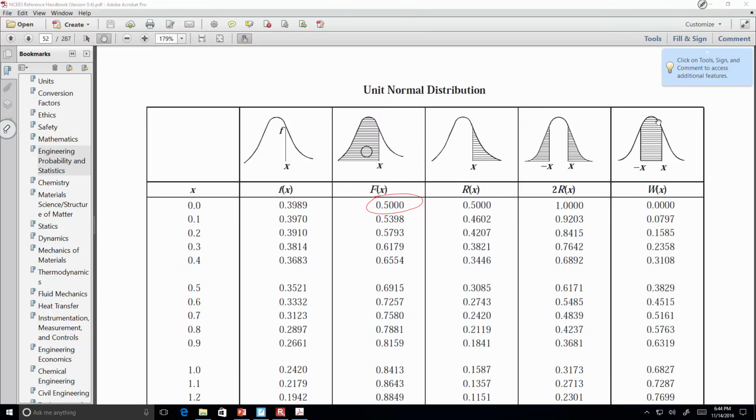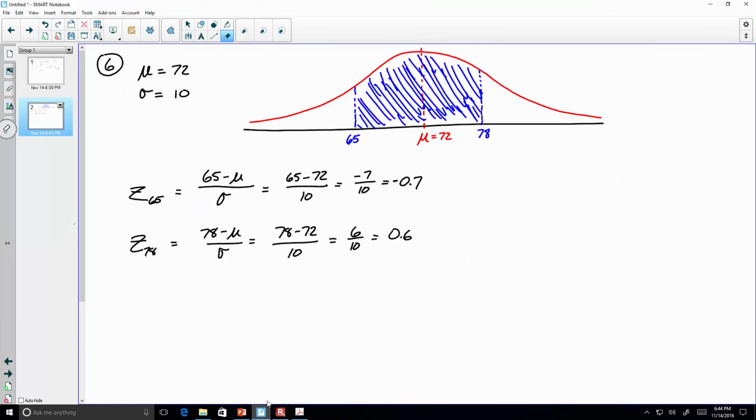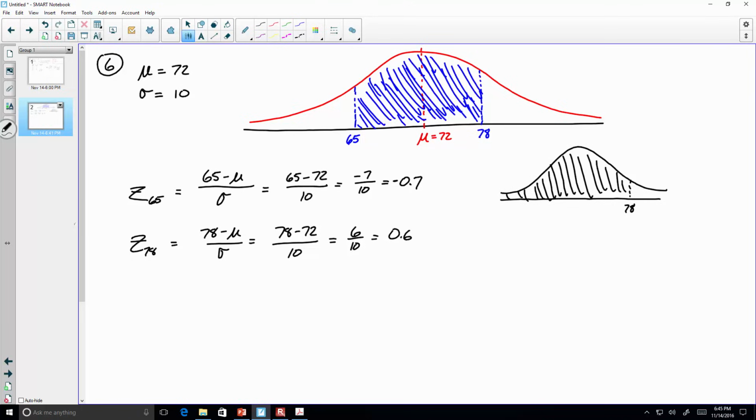Now, so that you all have that in front of you, I propose that we handle this problem as follows. We're going to say that this area is this, where that's 78, minus this, where that is 65.